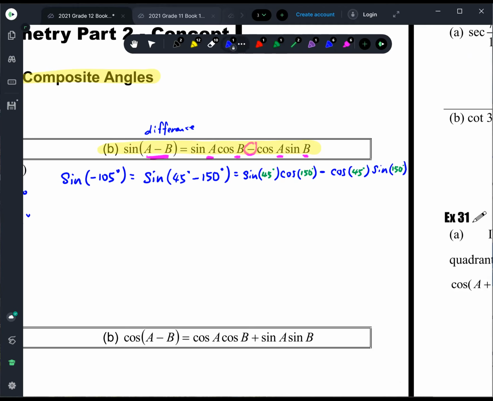Jason, yeah. Does it matter if B and A are reversed? Yes, it will matter because if I reverse A and B, 150 minus 45, it will be a positive 105, right? Oh, yeah. Okay, thank you. So we want to match the question. Very good question, yeah.